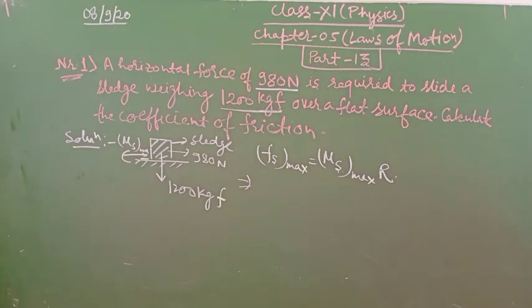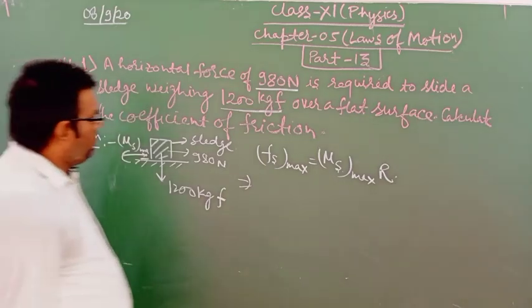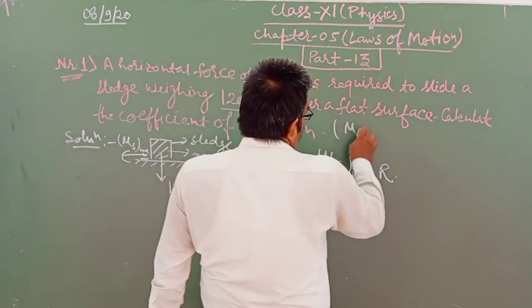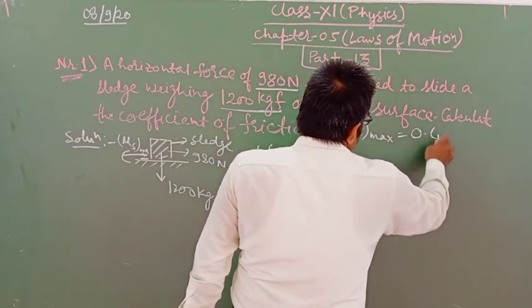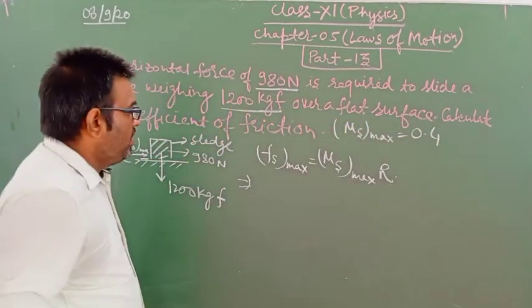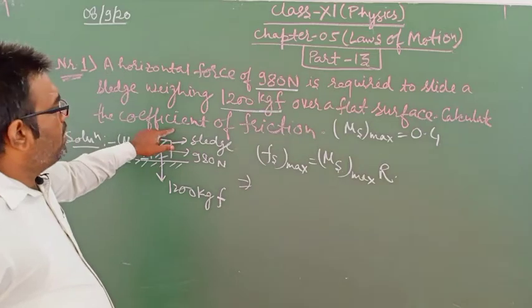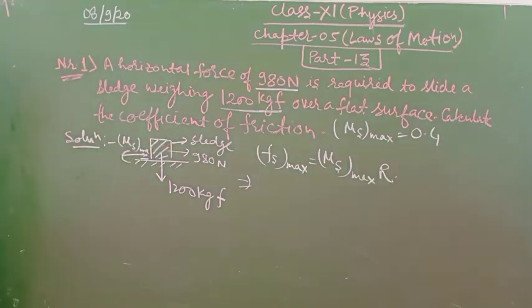The value of mu s max is given in the question as 0.4. So we have to calculate the frictional force, the value of limiting friction, and the coefficient of friction. So mu s is equal to Fs max upon R.